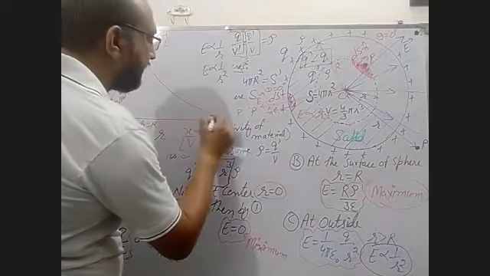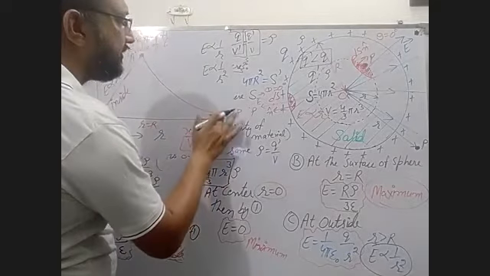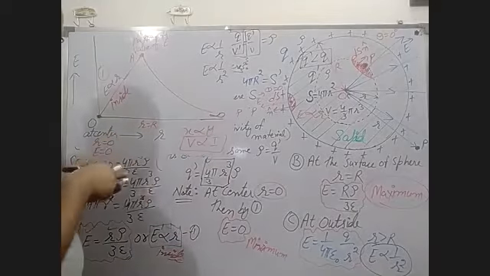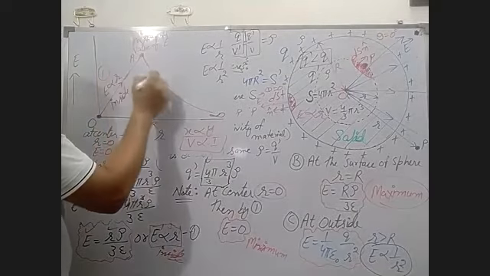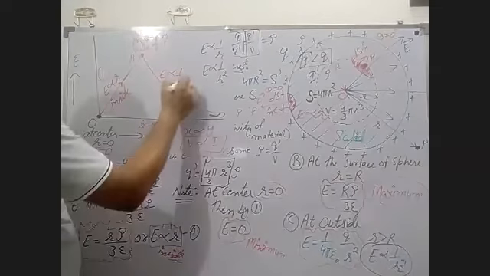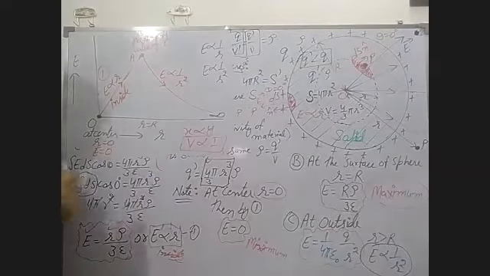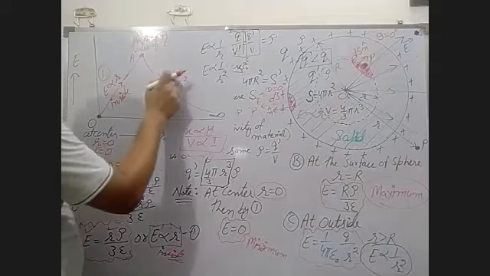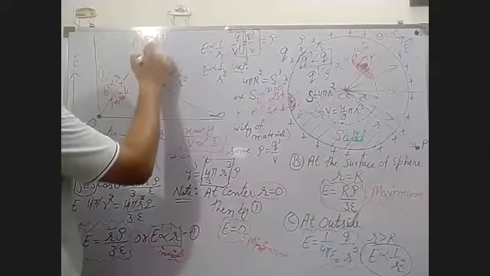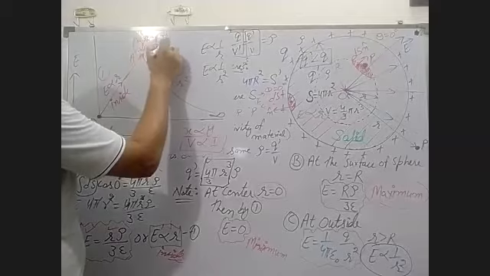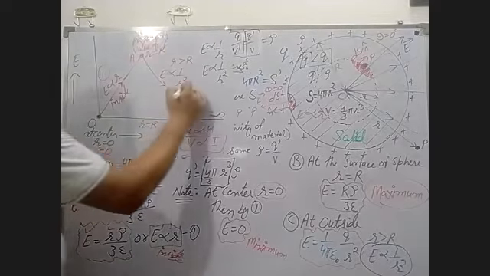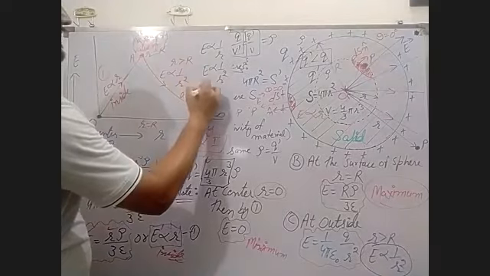Okay, at infinity sign you have to write there. So this is the graph which you have to draw in this article. Here E is directly proportional to R, E is inversely proportional to R square, and here E has maximum value at R equal to R. Here R is greater than R, and this is the condition at outside.